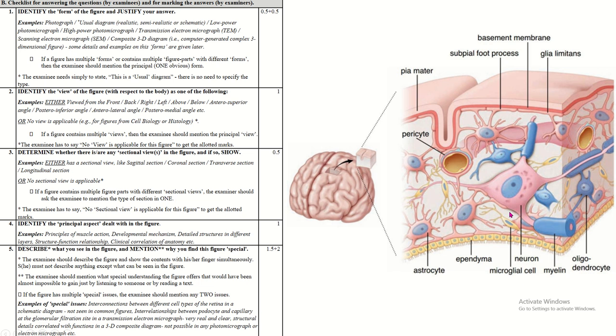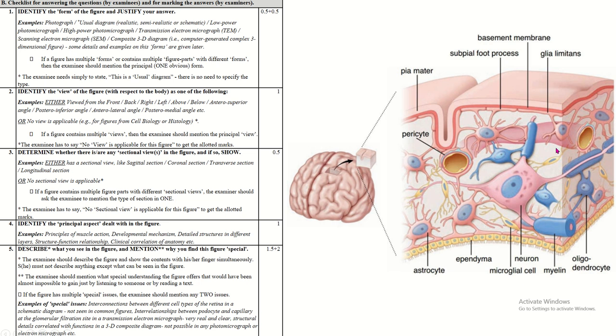And these are the ependymal cells, which line the ventricles, and this is the microglial cell, and these are the blood vessels. By this figure we can understand the distribution of the neurons and neuroglia within the nervous tissue.